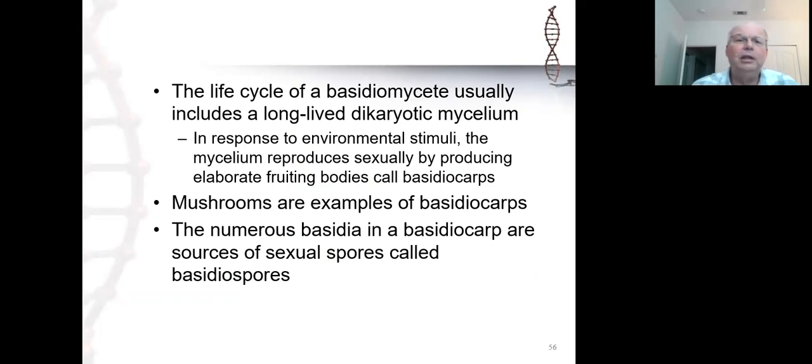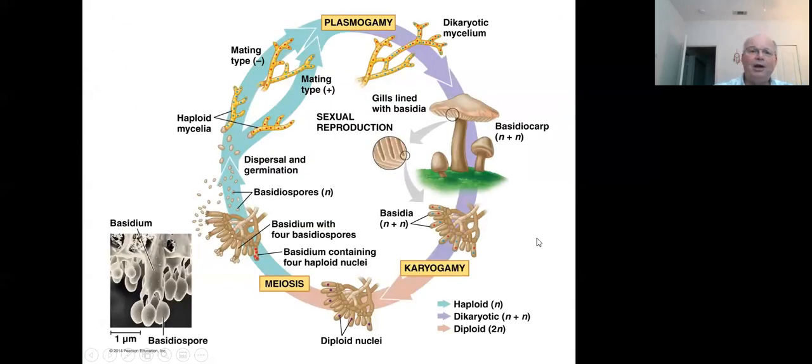So when we start taking a look at the life cycle of a typical basidiomycete, we're going to see a strictly sexual-based reproductive strategy. So here's the life cycle. So we'll start with the new mycelium germinating from spores that have been released. And again, we're talking about opposite mating strains, plus and minus mating strains.